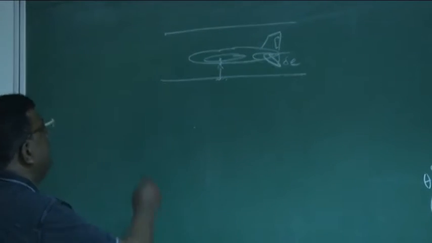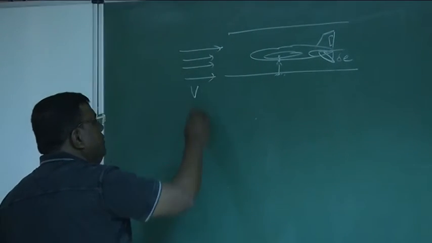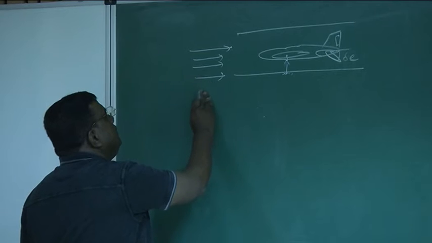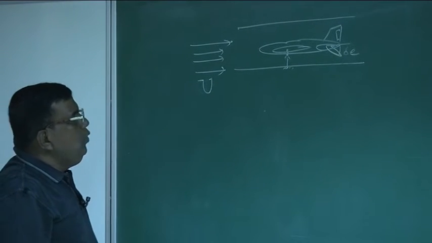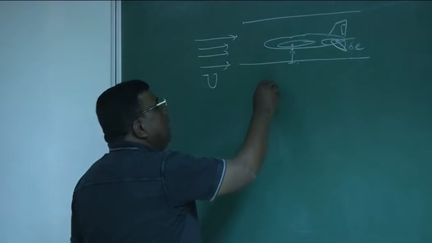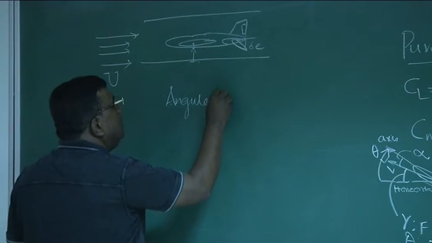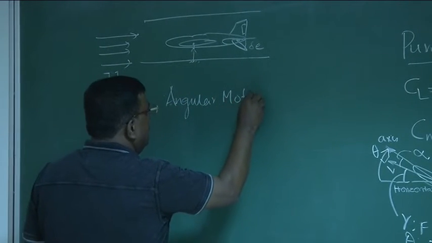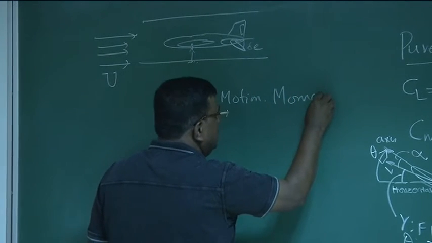If I give an elevator deflection, and this is being exposed to a constant velocity v, or let's say u, then how do we write the equation of motion? We are talking about angular motion, so it is the moment that will decide.